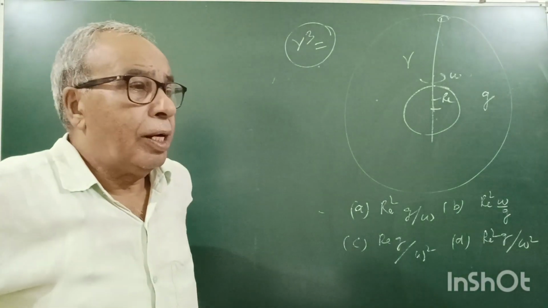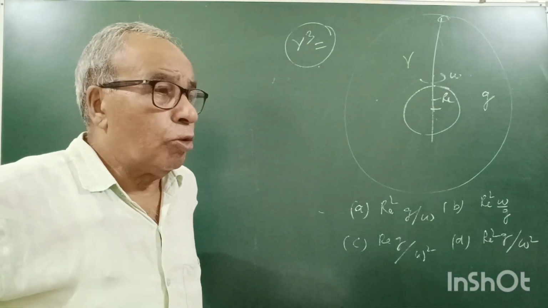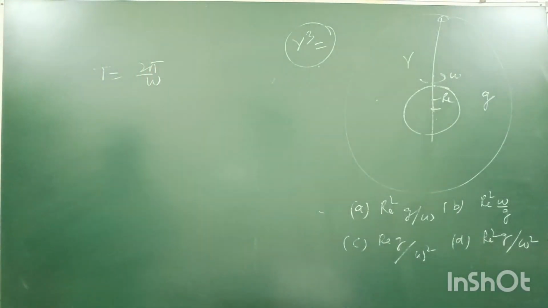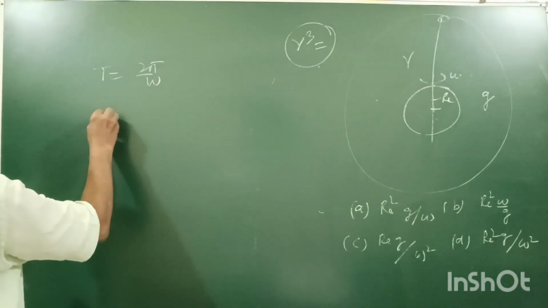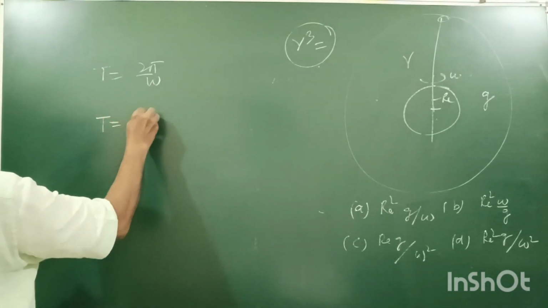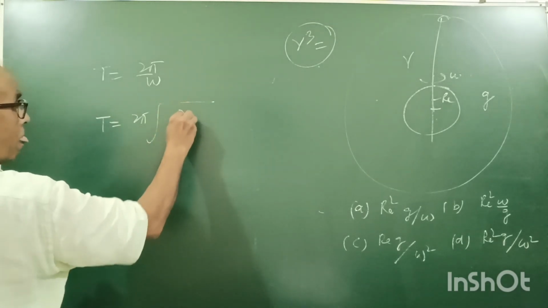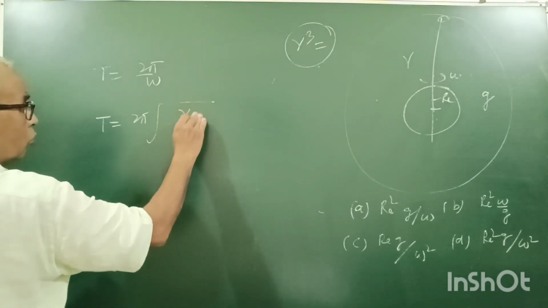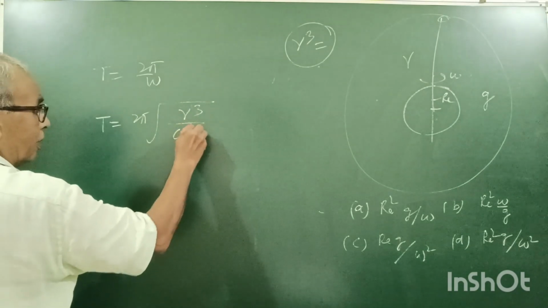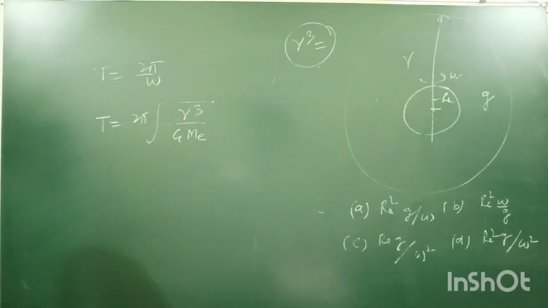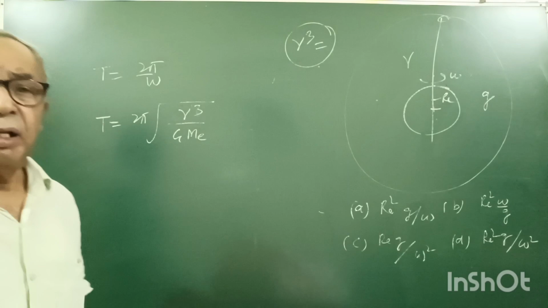The time period of the satellite is 2 pi under root R cube upon G Me. Is that clear? Remember this formula.